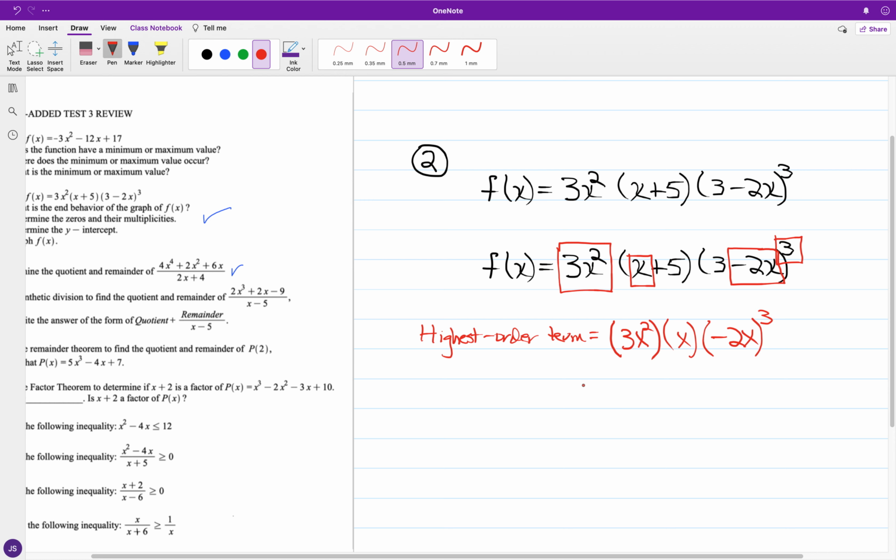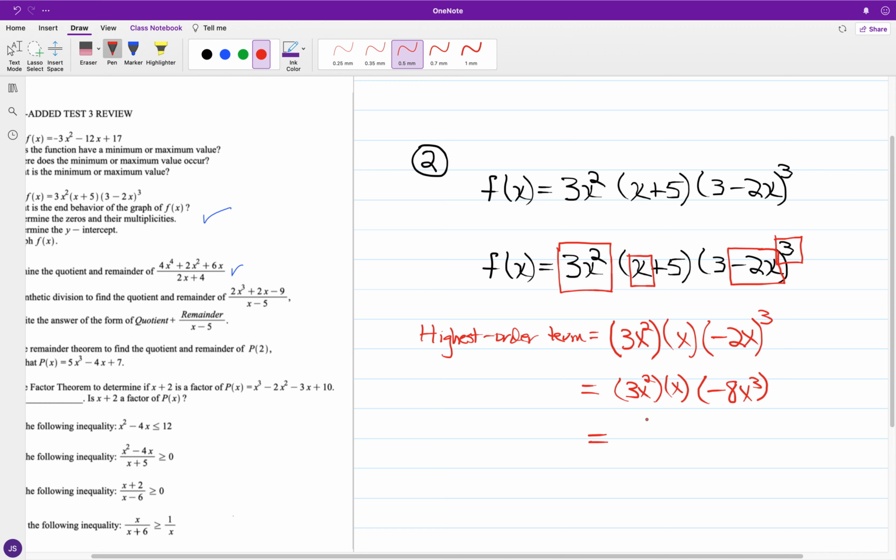So I'm just going to bring this on down. So we've got 3x squared times x. Now for negative 2x to the third, like negative 2x times itself, negative 2 to the third is going to be negative 8. And the cube of x is going to be x to the third.